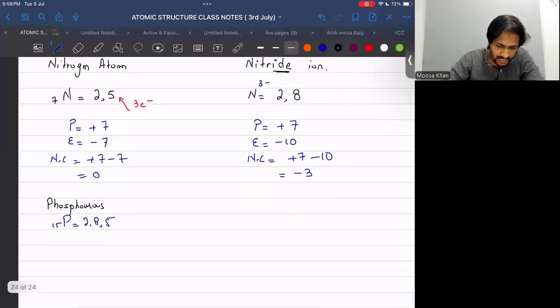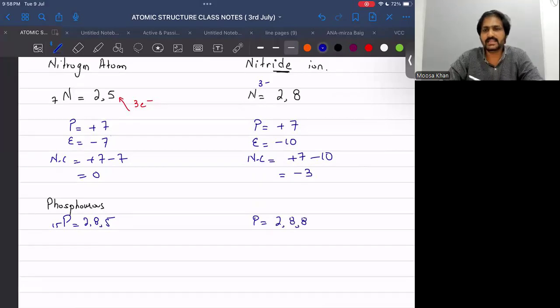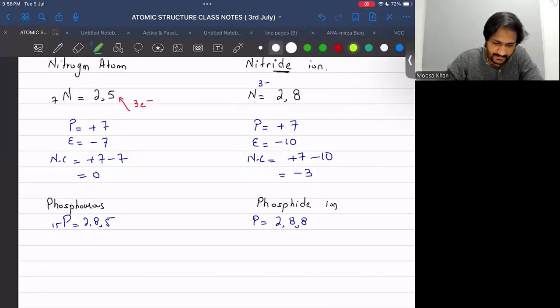So in order to achieve stability, a phosphorus atom will gain 3 electrons and its electronic configuration would become 2,8,8. Now a phosphorus atom also has 8 electrons in its valence shell. अब इसका जो नाम होगा ना, it would be phosphide ion with IDE in the end, ठीक है, आखिर में we will have IDE in the end.